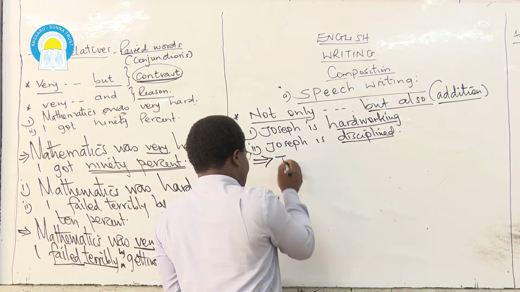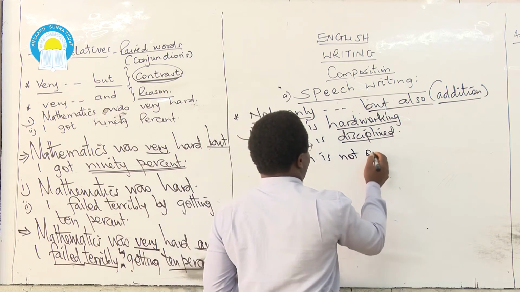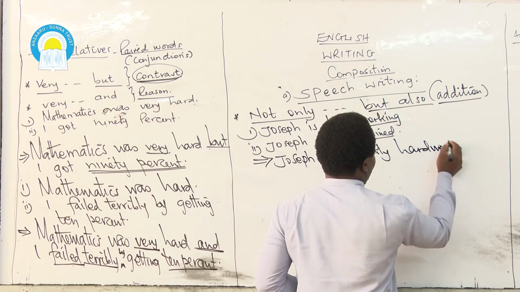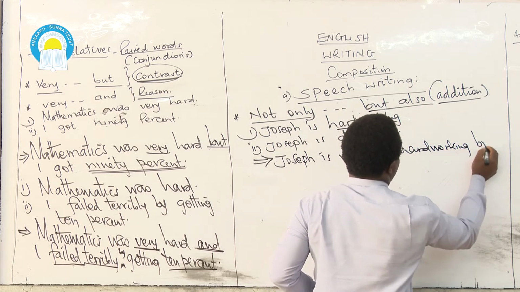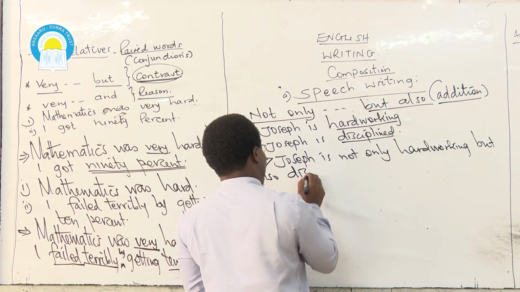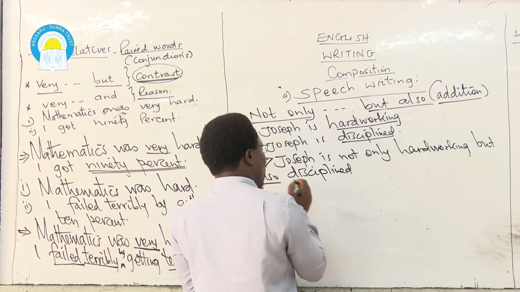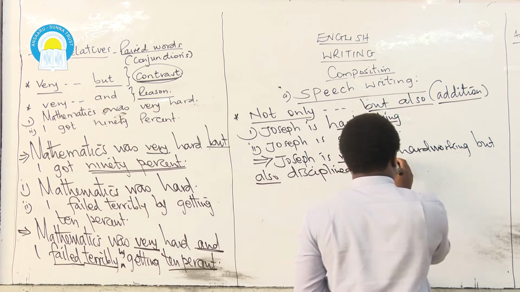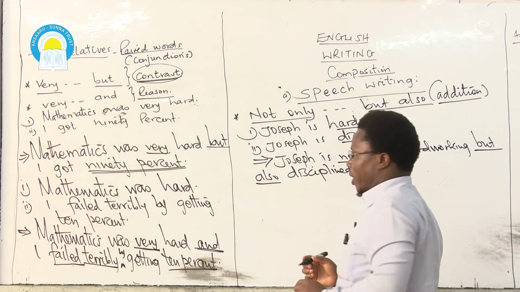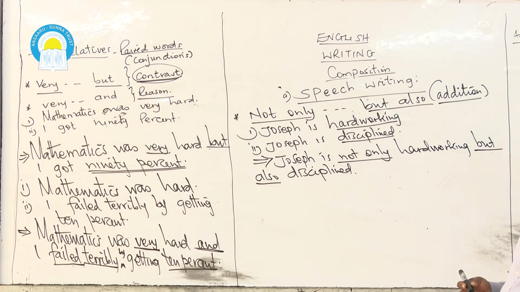Therefore, the sentence becomes: Joseph is not only hardworking but also disciplined. This is an area we looked at in the previous session.